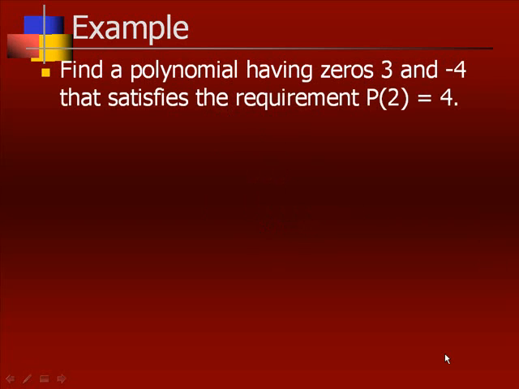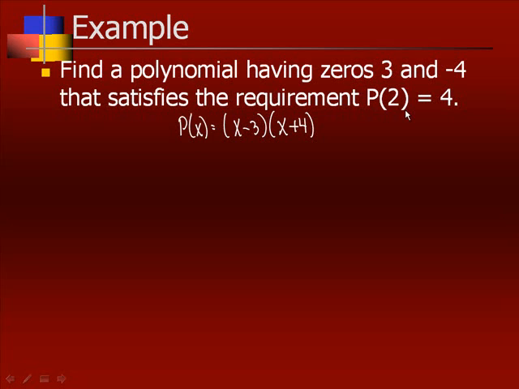Find a polynomial having zeros 3 and negative 4 that satisfies the requirement that p of 2 is equal to 4. Well, if 3 is a zero, x minus 3 is a factor. If negative 4 is a zero, x plus 4 is a factor. So p of x would be equal to this.